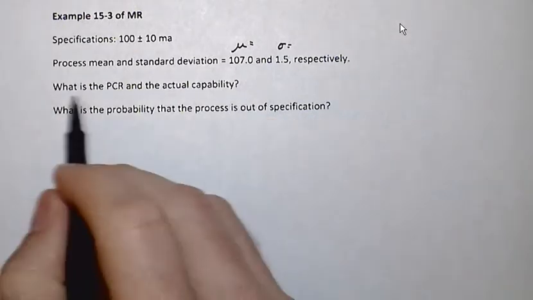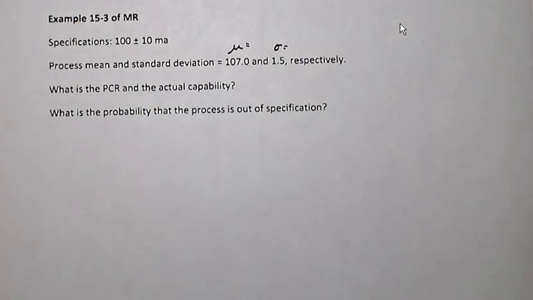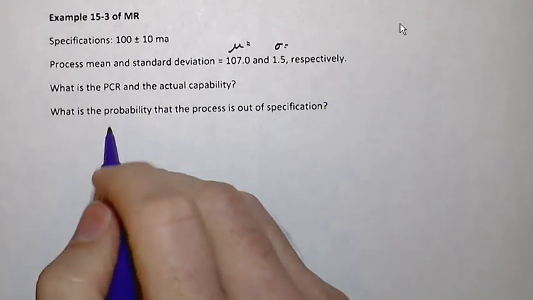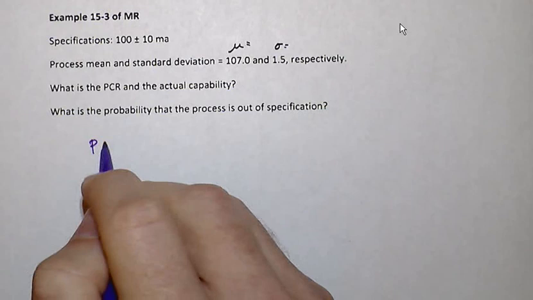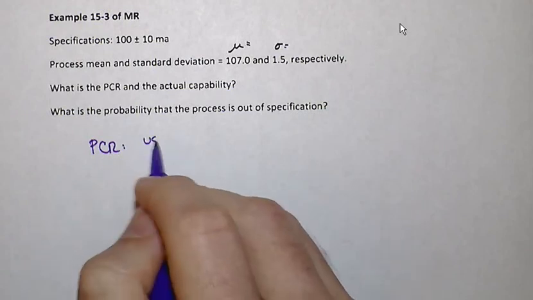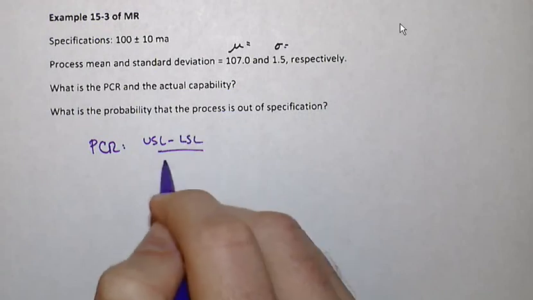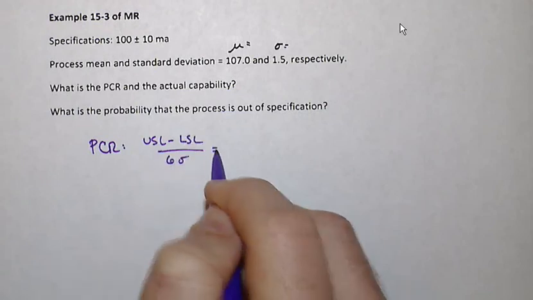So they want to know what is the PCR and the actual capability, and then what is the probability that the process is out of specification. The PCR is again just purely and directly the upper specification limit minus the lower specification limit divided by 6 sigma.